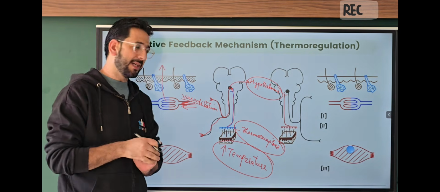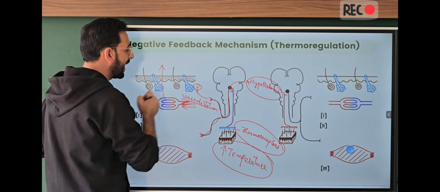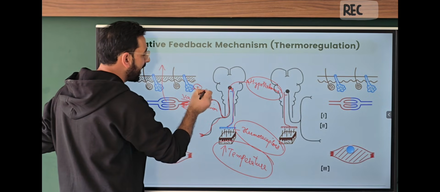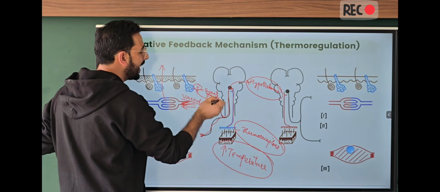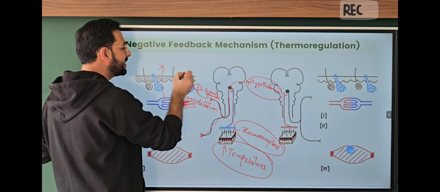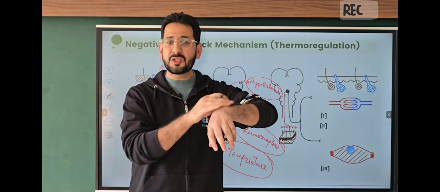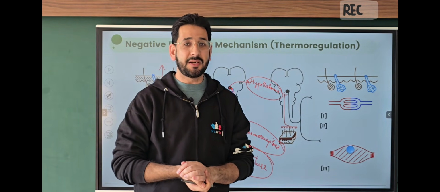The second thing is, it is going to stimulate these glands, and these are sweat glands. These sweat glands will be stimulated and they will secrete sweat. And once the sweat glands secrete sweat on our skin, this sweat is definitely going to cool our skin down.